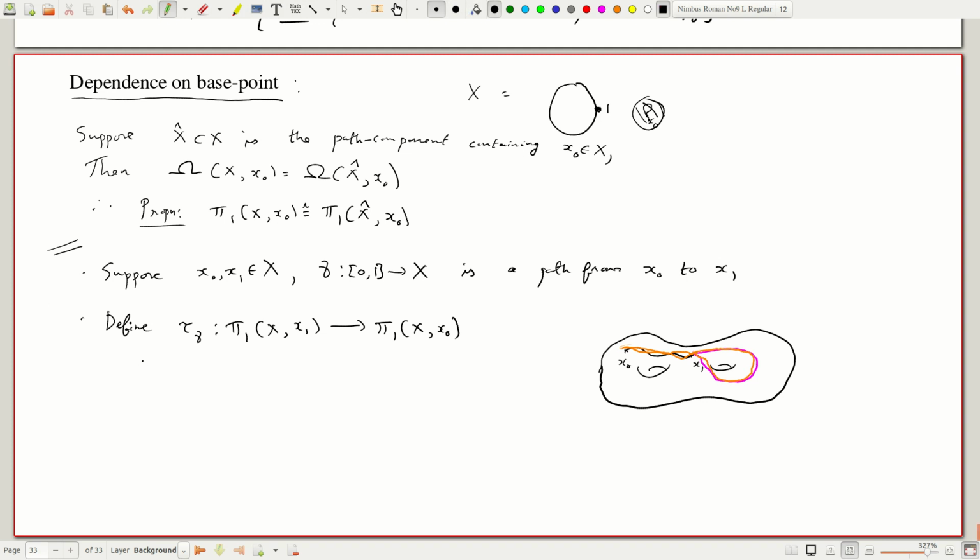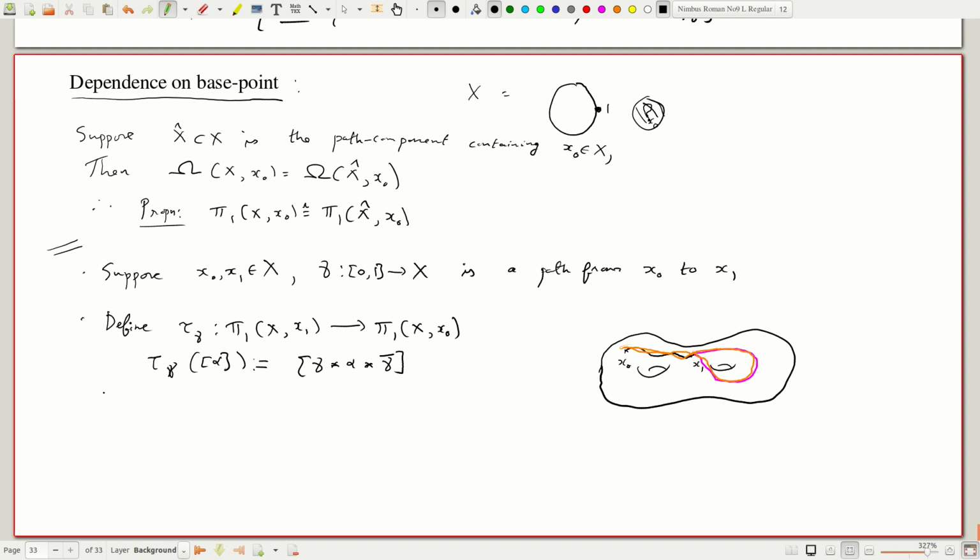In other words, tau gamma of the class of alpha is by definition the class of gamma star alpha star gamma bar.